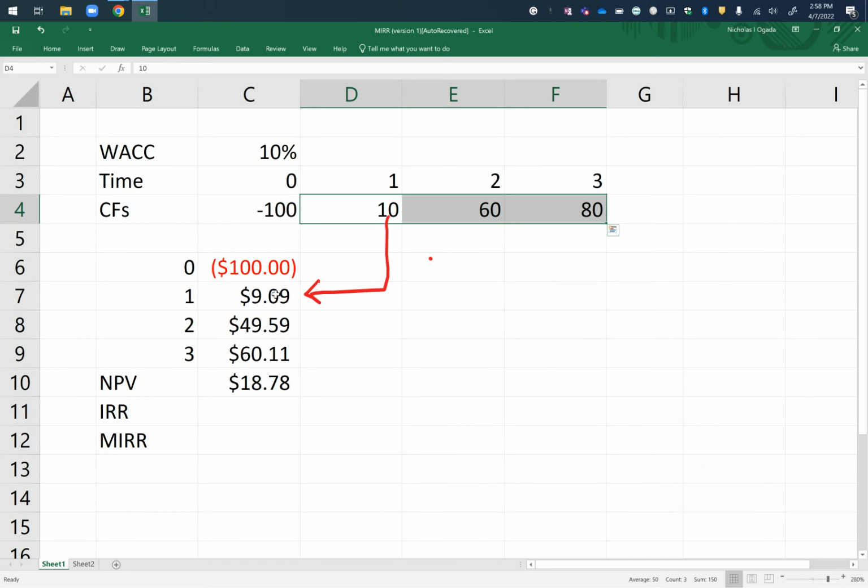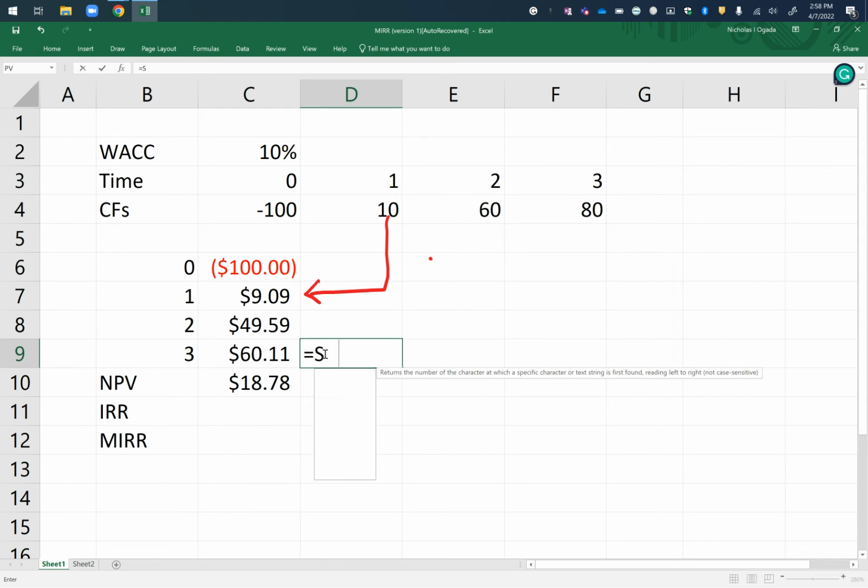Remember, if I have to find the net present value of 10, 60, 80, this is what I have here: the 9, the 49, and the 60. So if I sum these three values together, let me just show you this. If I sum just the inflows, it gives me a value of 118.78.